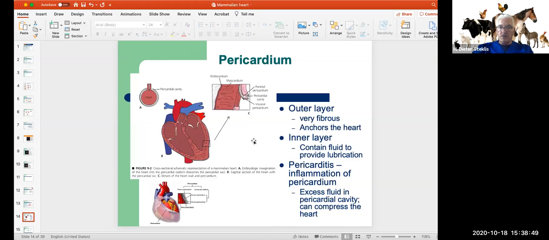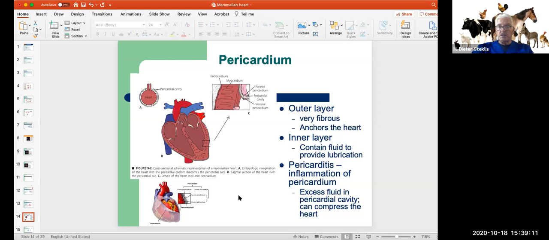So here again, if you look at the bottom, we're talking about this sac here. This is called the pericardium. It's this fibrous sac that the heart embryologically slides into, basically. It's pushed into it, and it has just a little bit of fluid inside there.